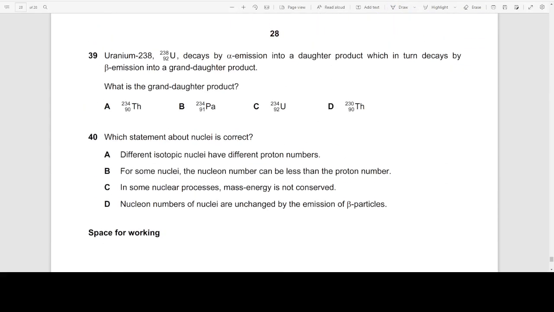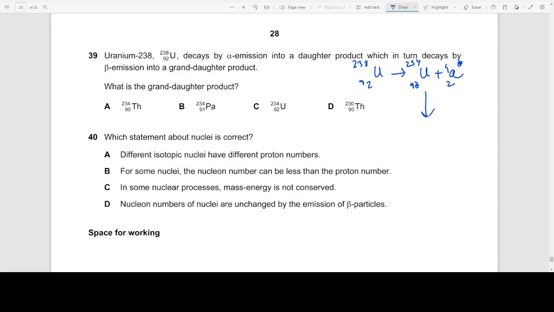Uranium 238 decays by alpha emission into a daughter product, which in turn decays by beta emission into a granddaughter product. What is the granddaughter product? So uranium 238/92 first decays by alpha emission, so it forms 234/90 plus alpha 4/2. Then 234/90 decays by beta emission.